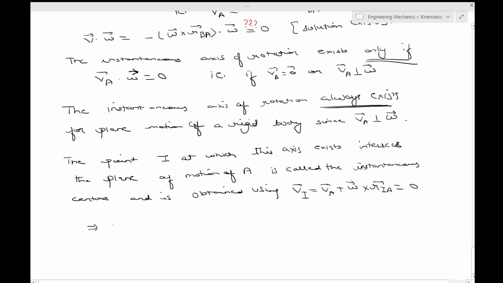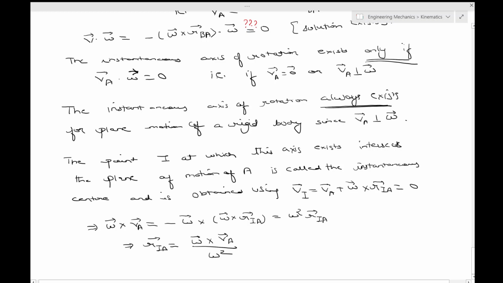This implies that omega cross Va is equal to minus omega cross omega cross Ria, which gives Ria equal to omega cross Va by omega square.